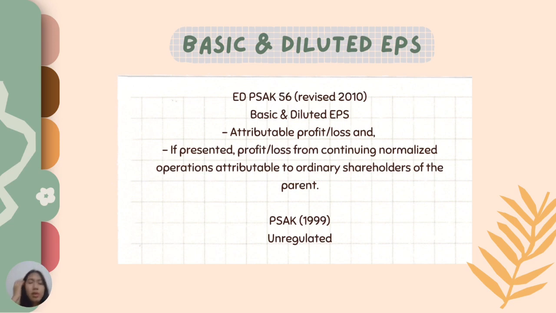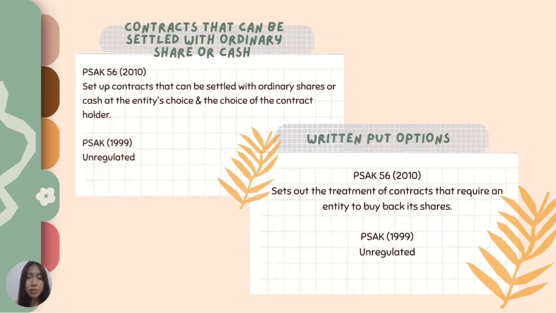And for basic and diluted EPS, the difference between PSAK 56 revised 2010 and PSAK 1999: in the exposure draft PSAK 56 revised 2010, basic and diluted EPS is attributable profit or loss, and if presented, profit or loss from continuing normal operations attributable to ordinary shareholders of the parent. But PSAK 1999 is unregulated.